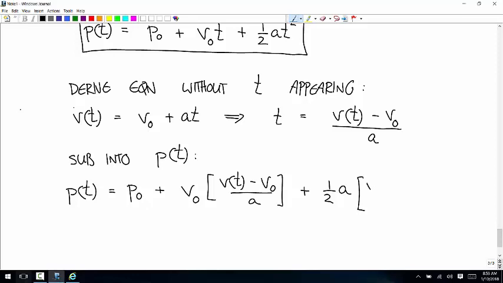Which is v squared minus 2v0 times v plus v0 squared over a squared.